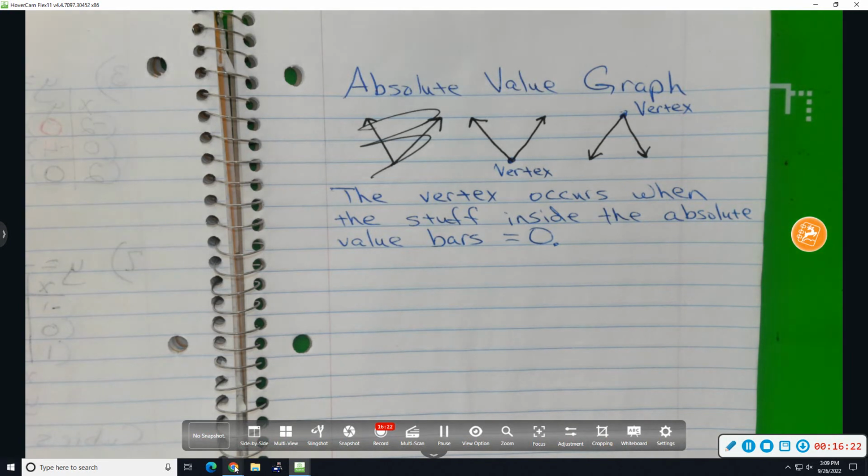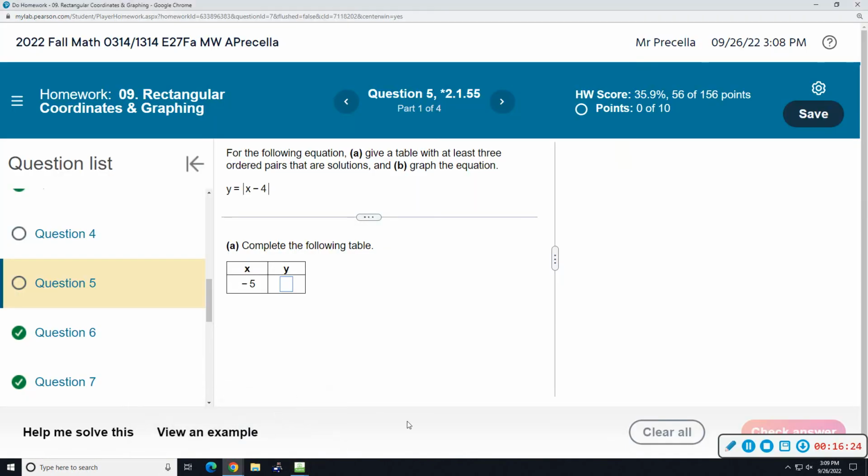So let's switch back to that number 5. Let me write the problem down. Y equals the absolute value of x minus 4.